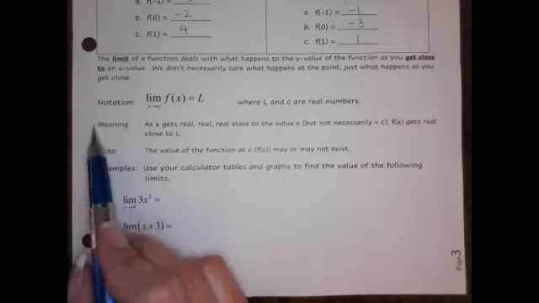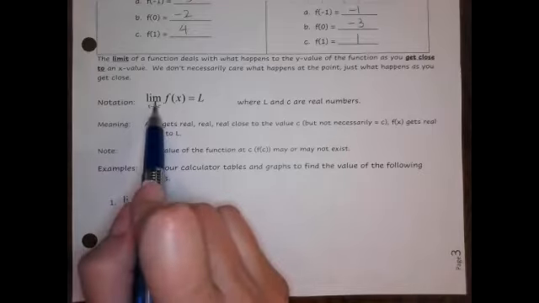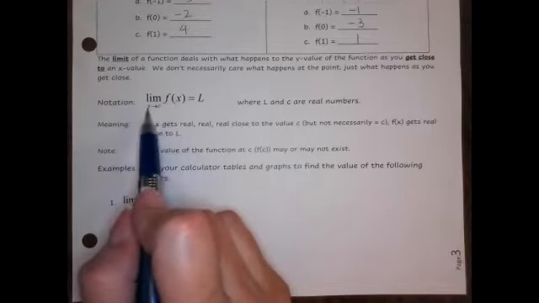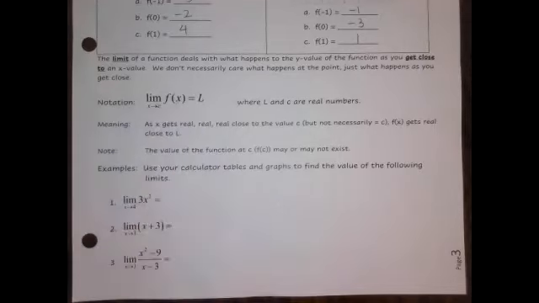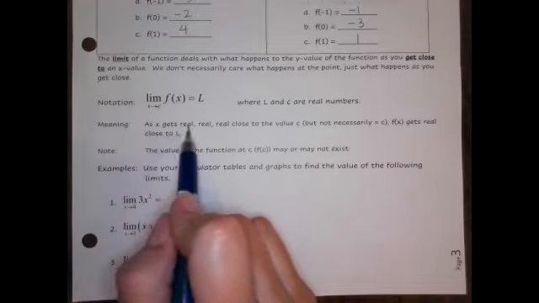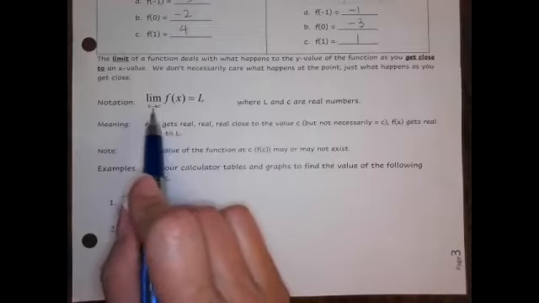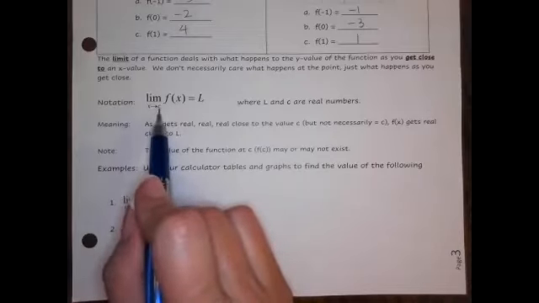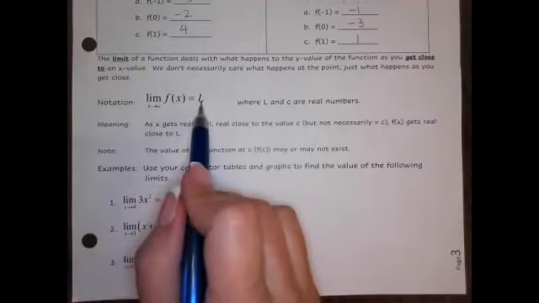All right, the notation for limits looks like this. And so you read that as the limit of f of x as x approaches c is this number, L. And its meaning is as x gets real close to the value of c, so as x is approaching, it's getting really close to the c value, not necessarily at the c value, it's just getting really close, f of x gets real close to this L value.